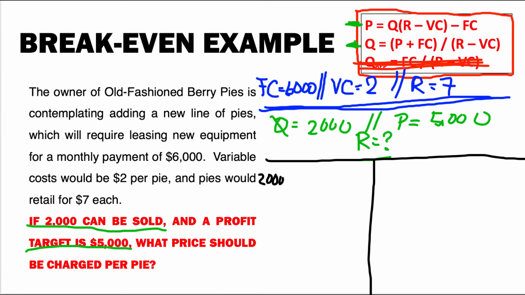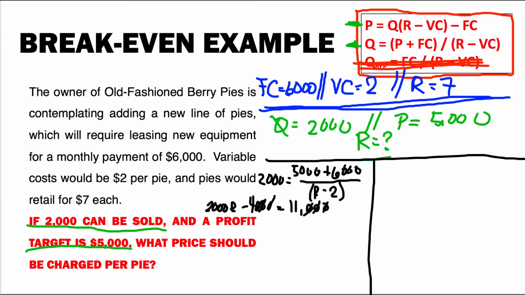Okay, so 2,000 equals (5,000 plus 6,000) divided by (R minus 2). So that gives us 2,000R minus 4,000 equals 11,000. Let's take out the zeros, which gives us 2R equals 15, and R equals $7.50. All right, and now solving with the other formula.